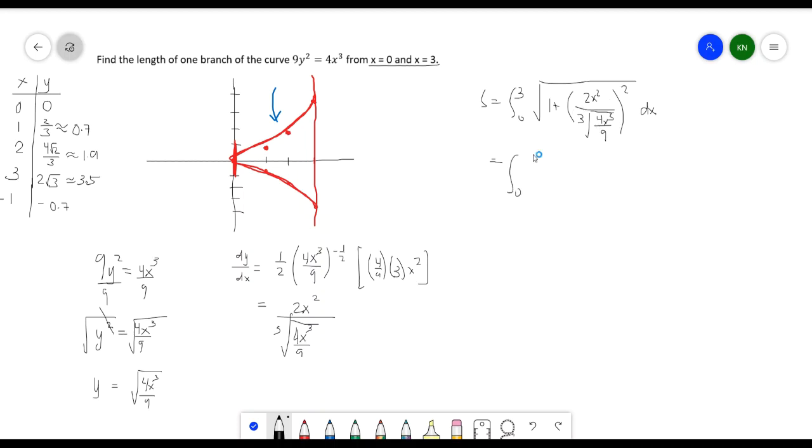So we have integral of 0 to 3 square root of 1 plus, as we know, if you raise a fraction to a square, you can just separate that one but still squared. So we have 4x to the 4th over 9, and for this one we have 4x cubed over 9.